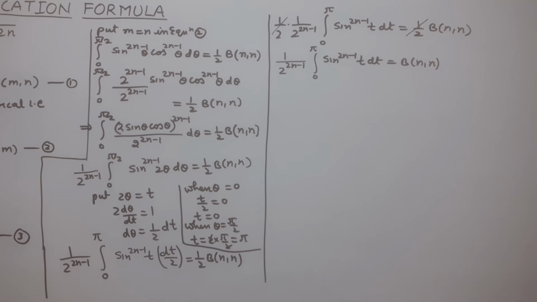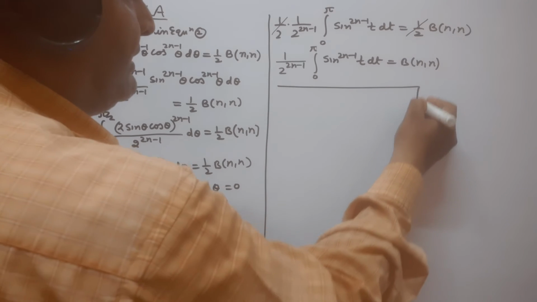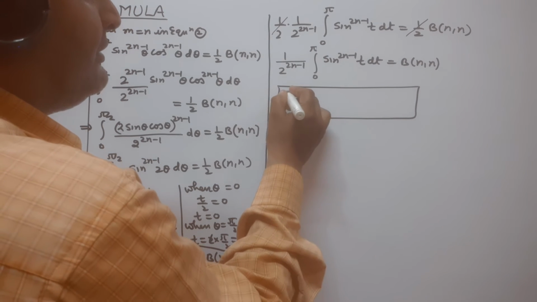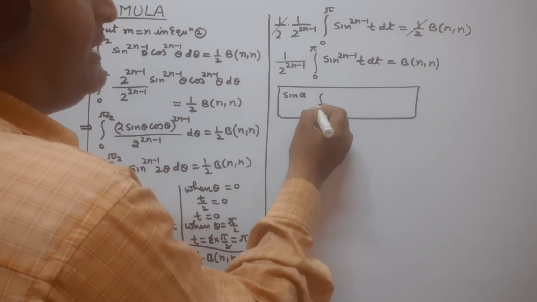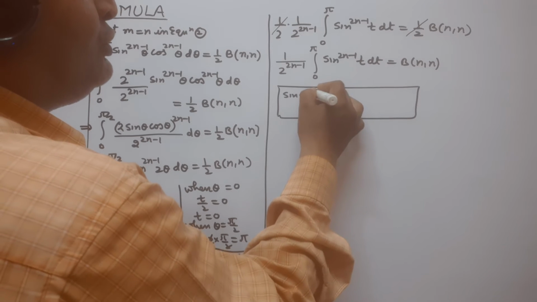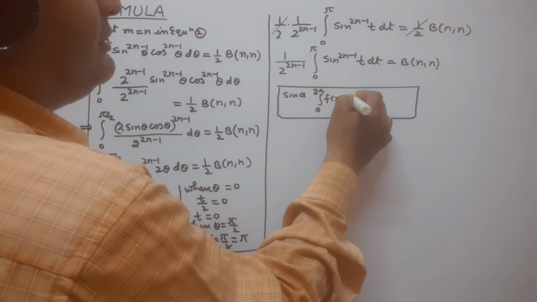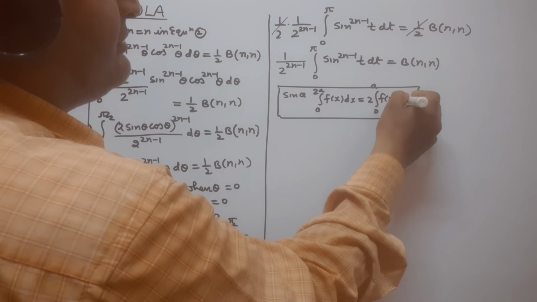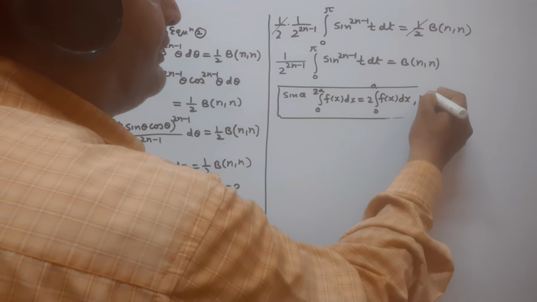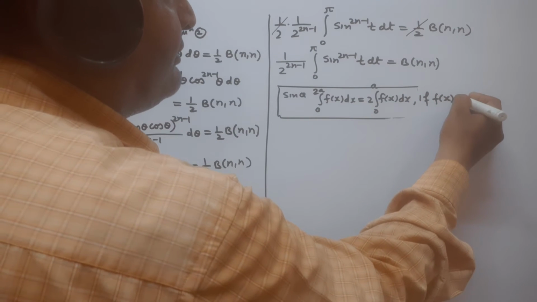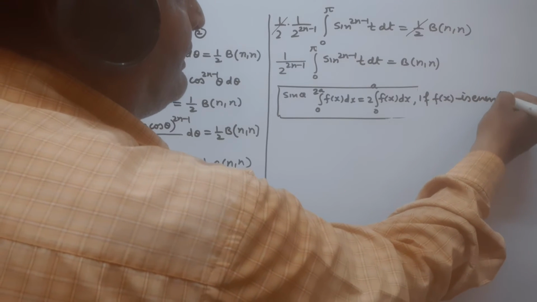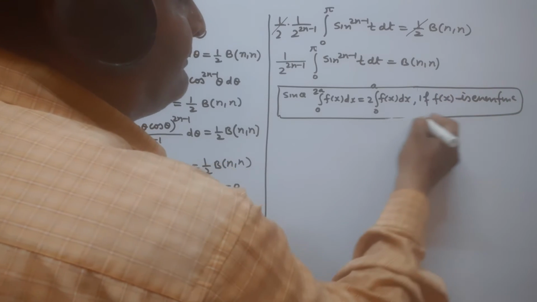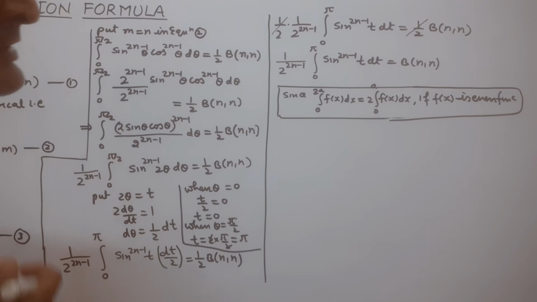Now here we use a property of definite integral. Since we know that the integral from 0 to 2a of f(x) dx is equal to 2 times the integral from 0 to a of f(x) dx if f(x) is an even function, and this becomes 0 if f(x) is an odd function.